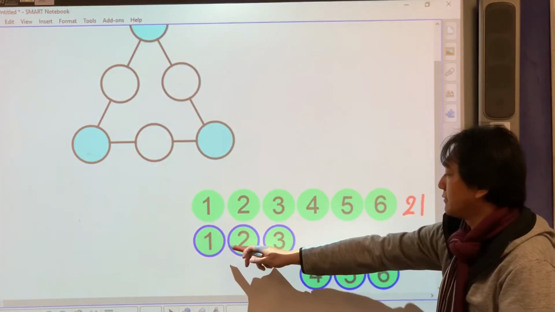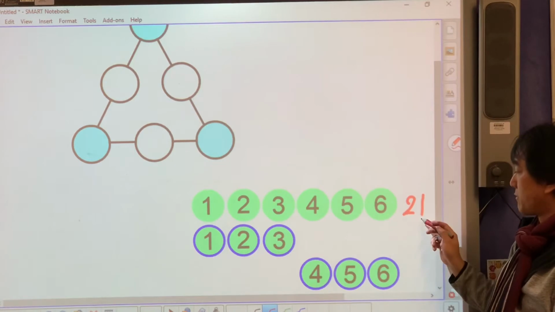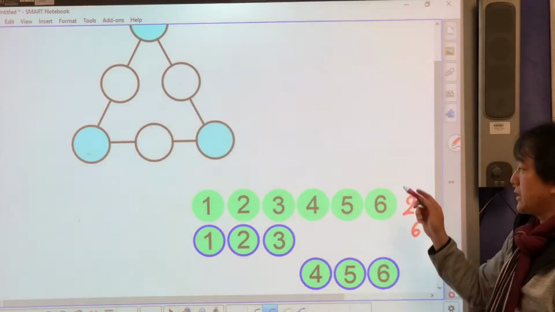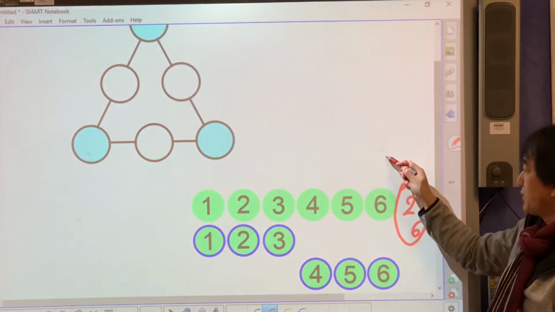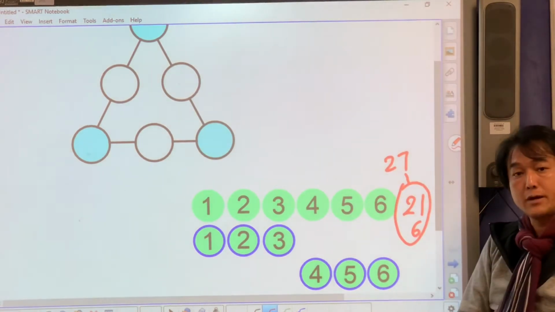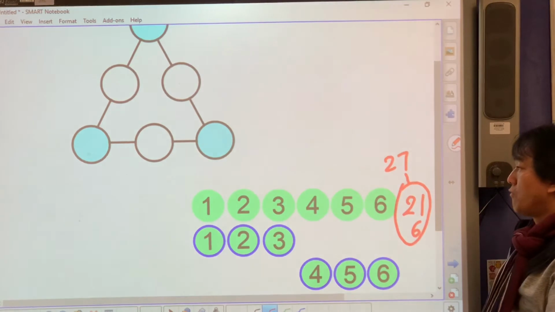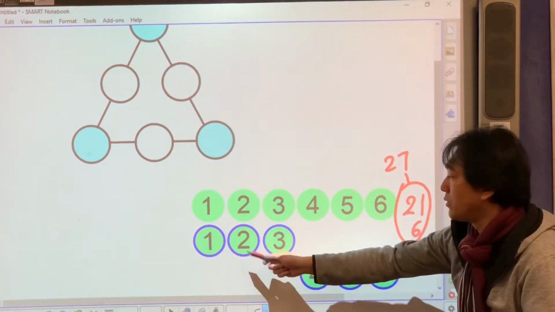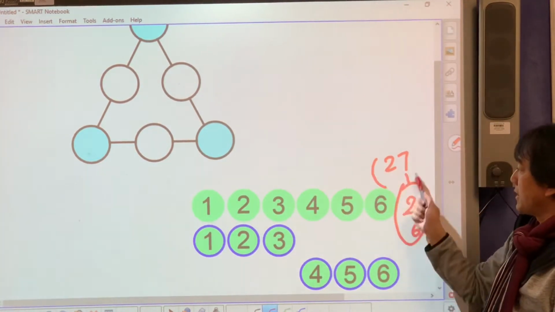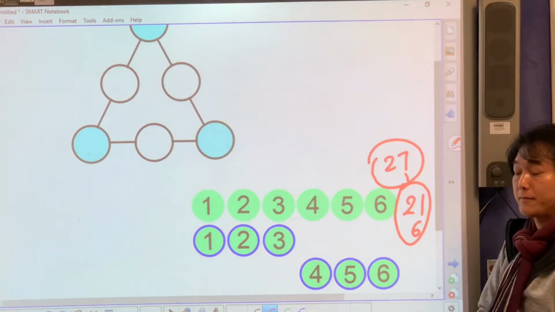And I added 1 plus 2 plus 3, that's 6. So that's why it made 27, right? So this is the smallest sum possible, right?